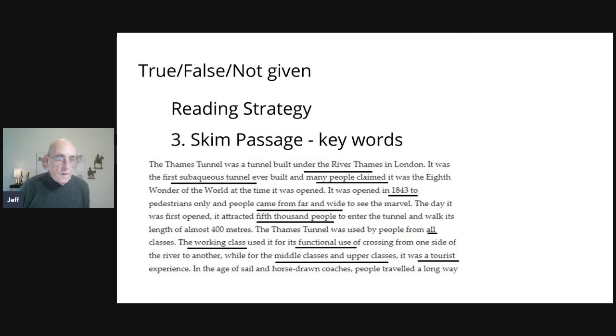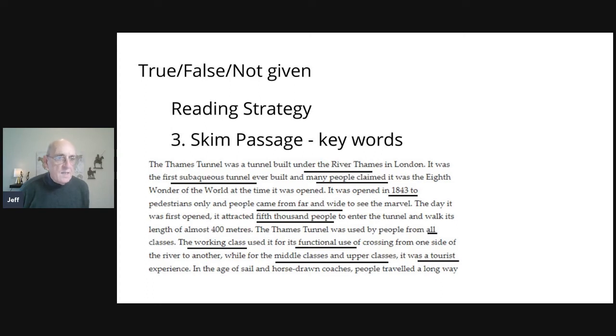So I'm good, but I'm going to keep going. I'm not going to flip back and forth yet. My main task right now is to just get through the passage, skim the whole passage as quickly as possible, and underline the key information.